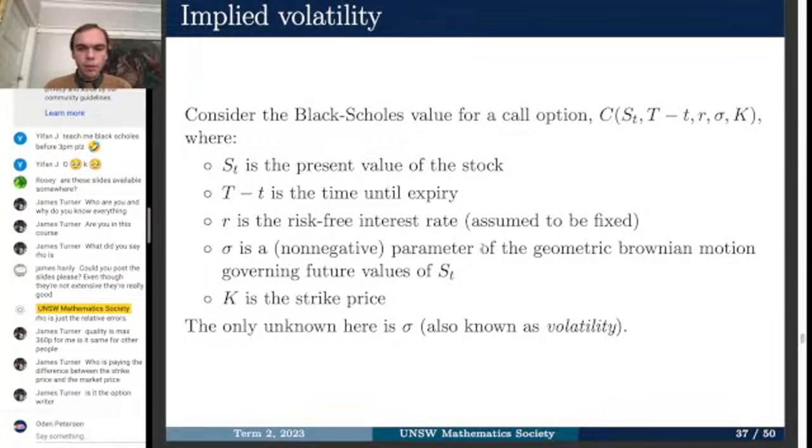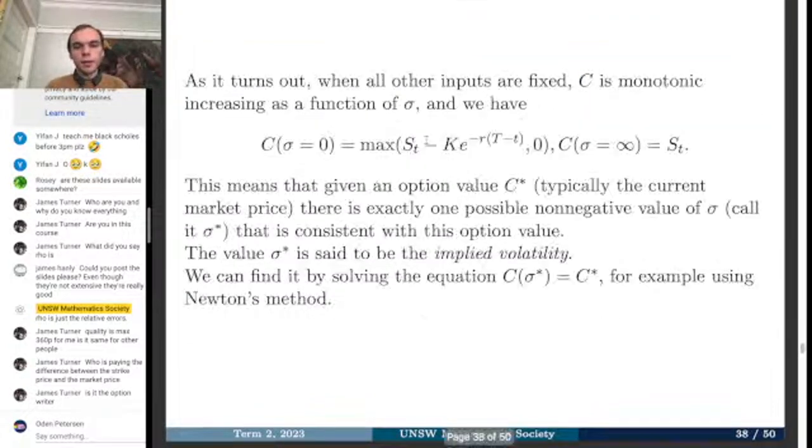And so because this is unknown, and we need to estimate this if we're going to deduce a fair value for the option, we can also go the other way, where if we know the current market price for the option and we assume that it's fair, we can deduce a value for what the volatility would have to be in order for the Black-Scholes model to give the market price as the fair value of the option.